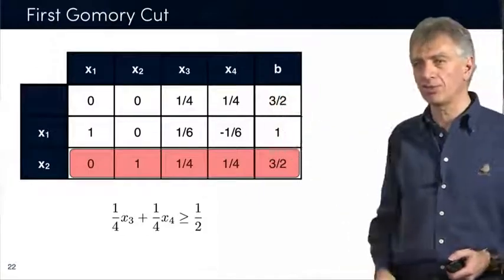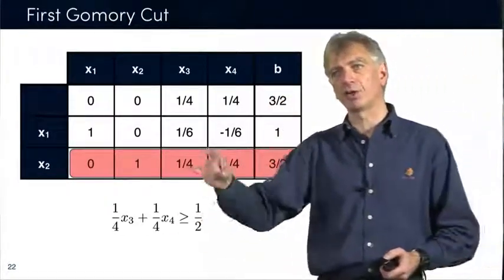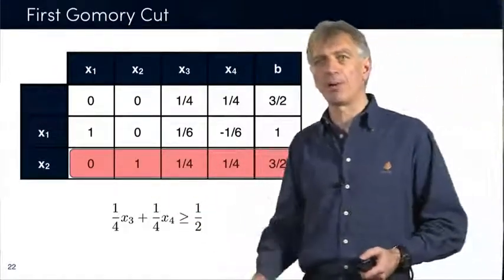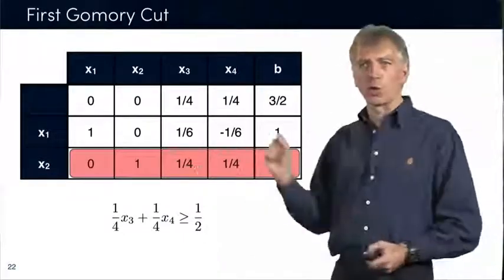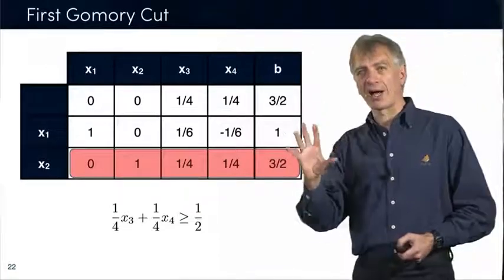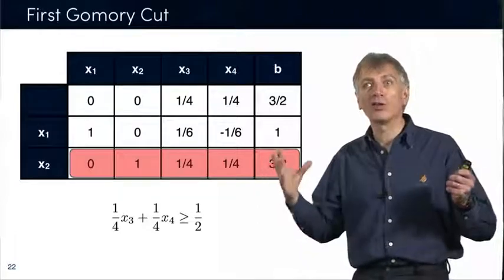The sum of these has to be greater than or equal to the fractional part of the b side. And you get this beautiful constraint, which is a quarter of x3 plus a quarter of x4 is greater than or equal to 1/2. And you look at that cut and you say, wow, what does it mean?